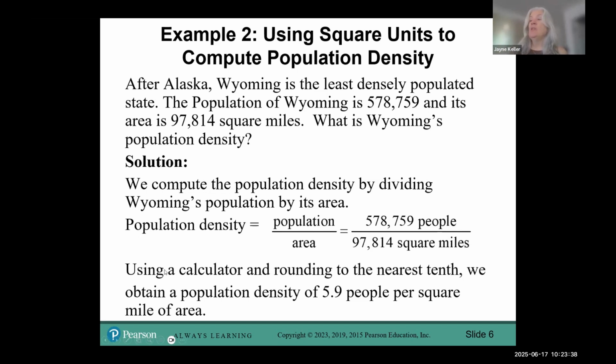So we can figure out the population density, which is just the population, 578,759 people, divided by the area, 97,814 square miles. So that says that in every square mile of area in Wyoming, there's only 5.9, about 6 people per square mile. Lots of space there.